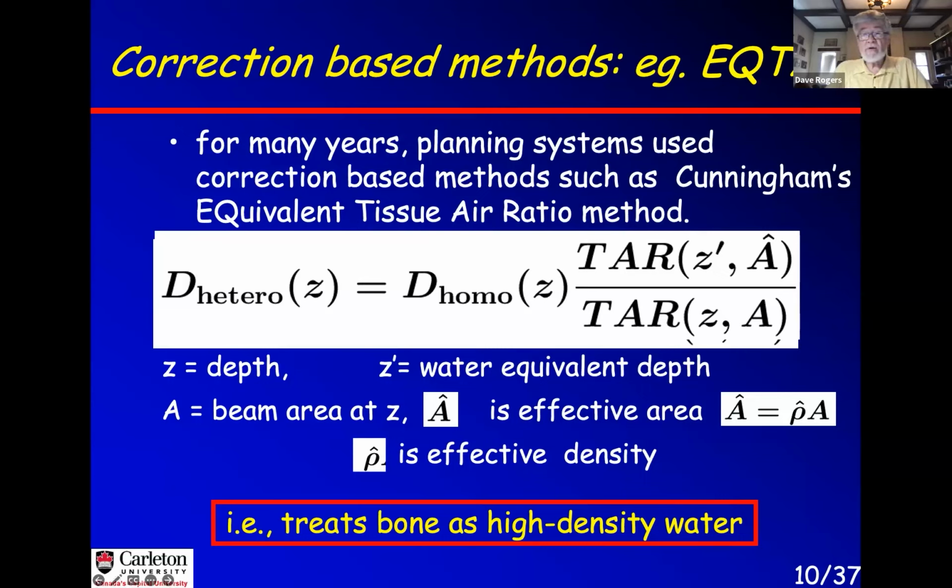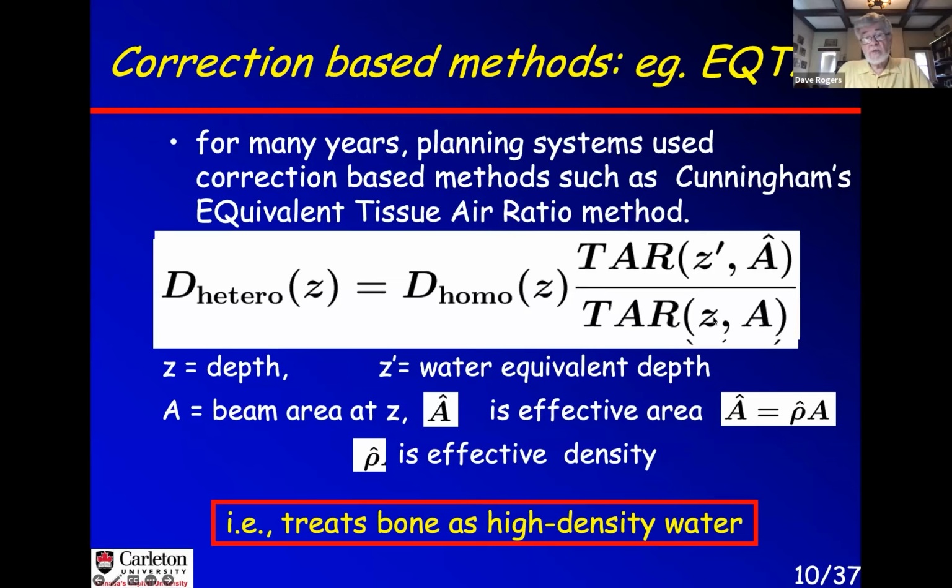And in this particular algorithm, what they said was that the dose in a heterogeneous phantom at some depth Z was given by the dose that would be there if it was just a pure water, homogeneous water phantom at the same depth, and then corrected by tissue air ratios.